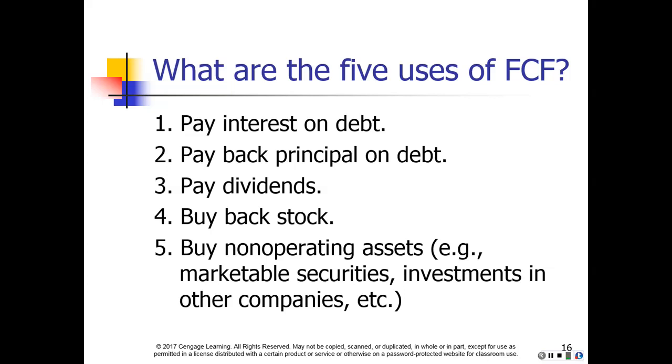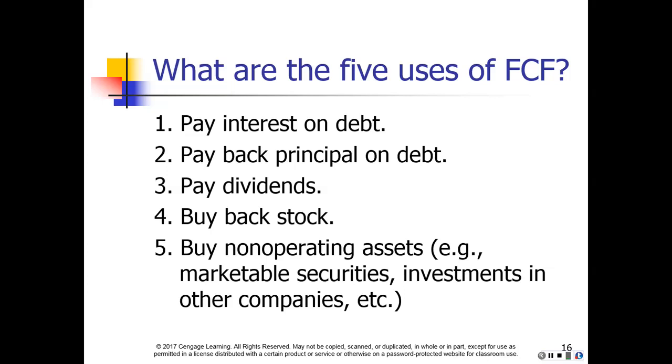So what do we use free cash flows for? Well, here are the 5 things you can do with free cash flows. You can pay interest on debt, pay back the principal on debt, the amount of the loan itself, and pay dividends to stockholders. You can buy back stock, right? Sometimes companies buy back stock to change their debt to equity mix or ratio.